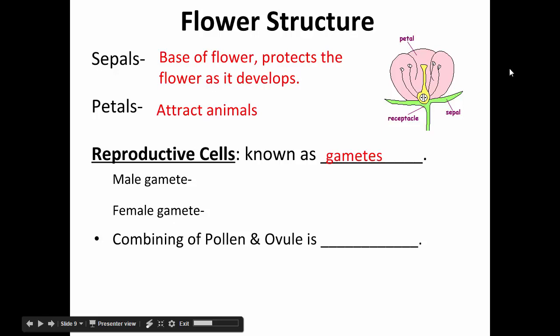And then there are the reproductive cells, the sex cells, the gametes. Male gamete is in the pollen. Female gamete is in the ovule. And in order for a plant, or any animal, or any organism that reproduces sexually to reproduce, the male and female sex cells need to combine in a process that we call fertilization.